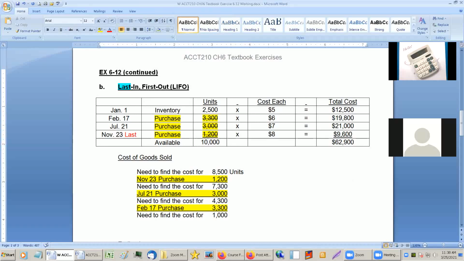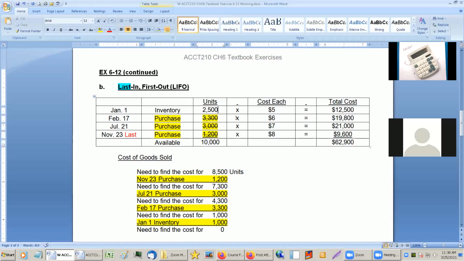Okay. And we only need 1,000. So there's 2,500 in that layer, but we don't need all 2,500. We only need 1,000 of them. Okay. So there's really not 2,500 left here.